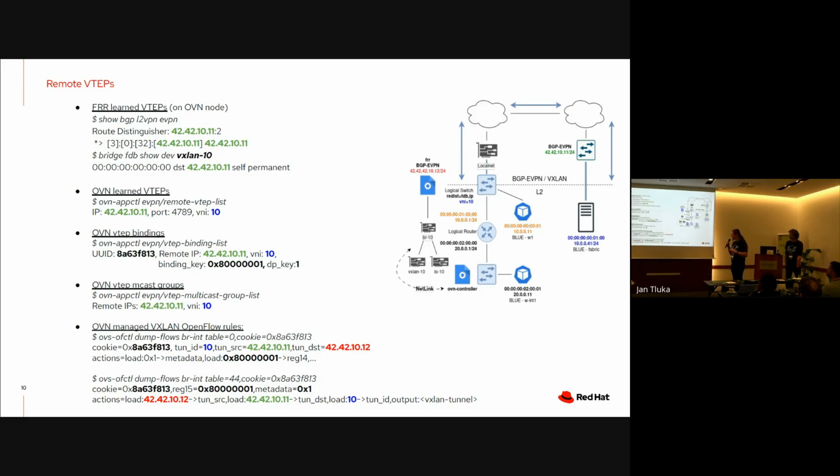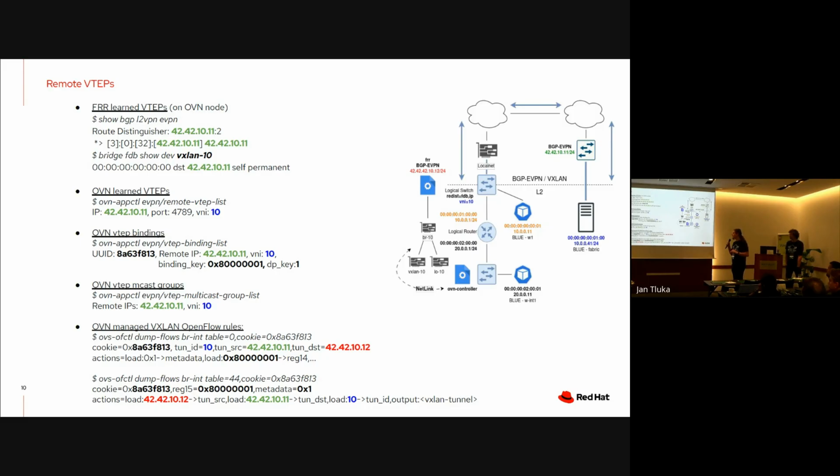In OVN, we will see that through netlink, and we will create a VTAP binding based on that, and a VTAP multicast group. The multicast group is there only in case we need to do L2 flooding or anything like that. And based on that, we will create OpenFlow rules.